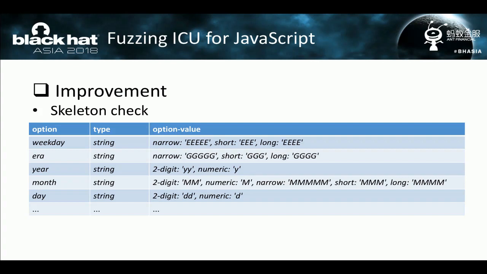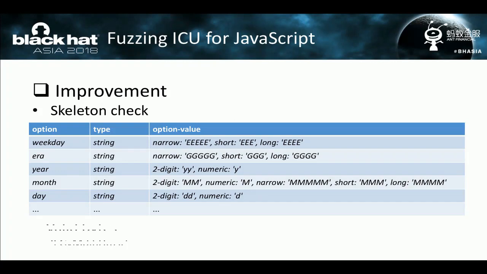In options, the weekday can be narrow, short, or long. The corresponding skeleton would be 5E or 3E or 4E, and the era, year, month, day are all like this.